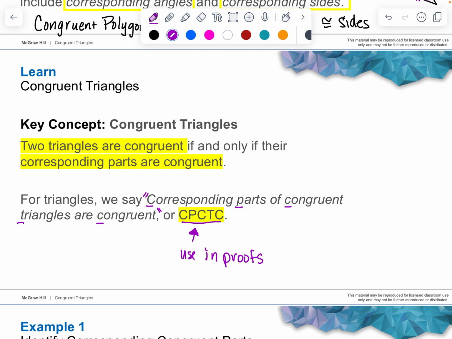What that means is if I tell you that triangle ABC is congruent to triangle DEF, then I immediately know that angle A is congruent to angle D. And I'll show you why in a minute. A and D are both parts of those triangles, and they will be congruent to each other because they are part of those congruent triangles.